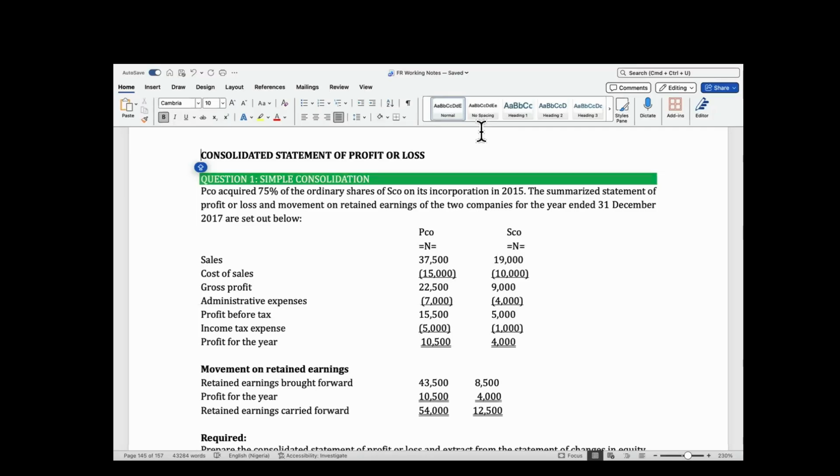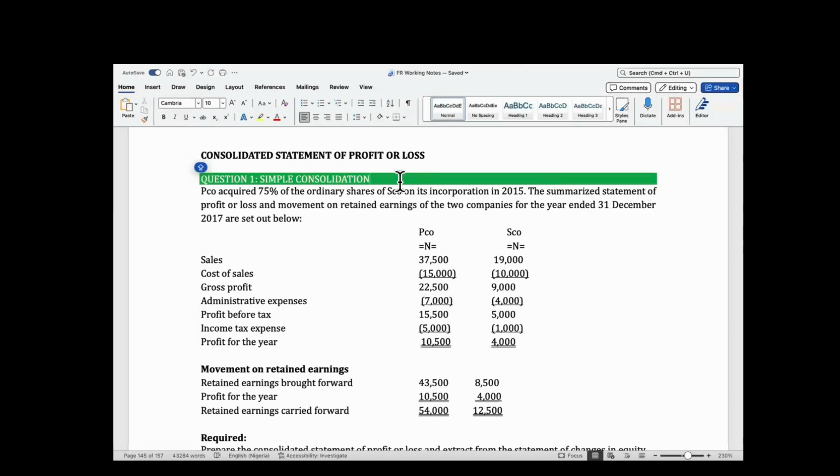So any income and expenses in their individual books that are from the same transaction, we cancel them out. And that's all we want to do here. And I will also use this opportunity to teach you the consolidated statement of changes in equity and see how that also works out. I will use questions to explain the principles.